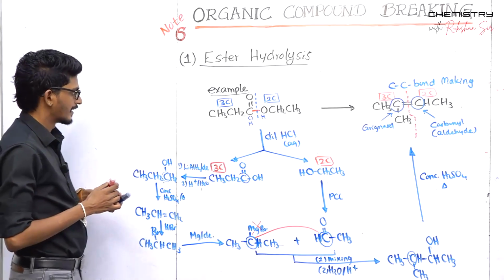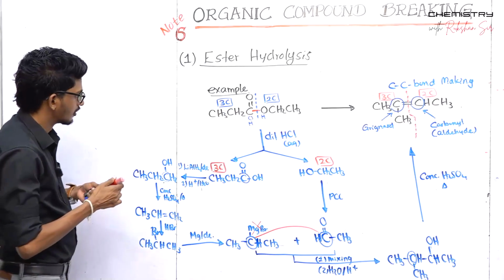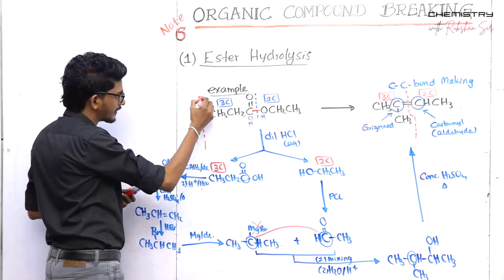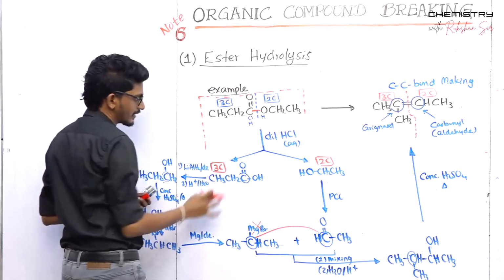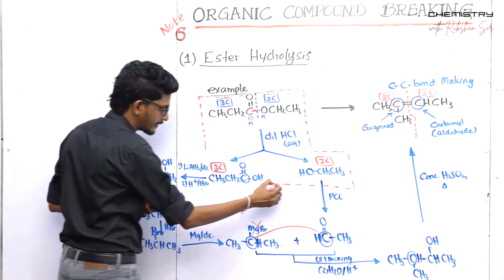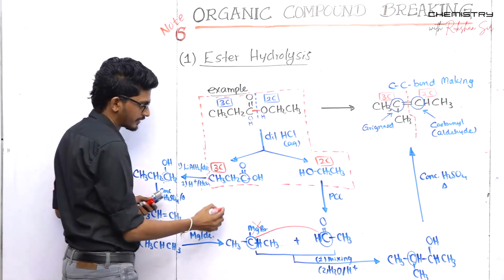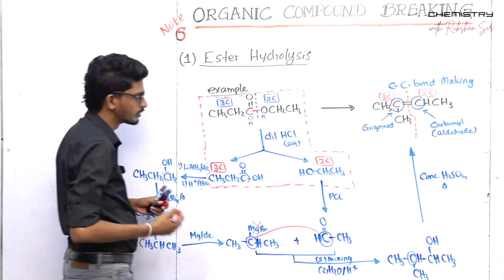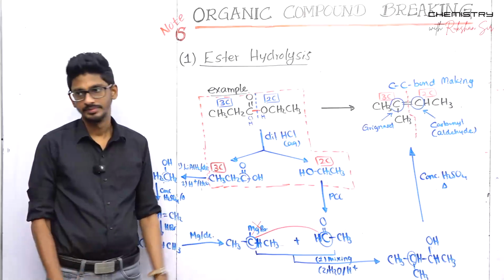So our major learning today is all about this: how to break this large compound into two smaller compounds, right? How to break this larger organic compound into two smaller compounds. That was the major learning today, right?